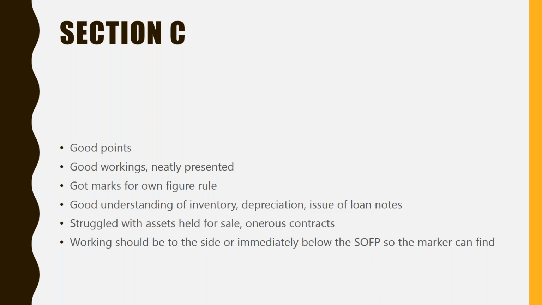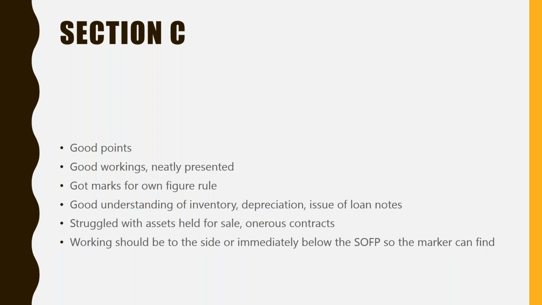People seem to understand IAS 2 inventory, also IAS 16 depreciation, and also IFRS 9 issue of loan notes. What they struggled with was assets held for sale, IFRS 5, and onerous contracts under IAS 37.